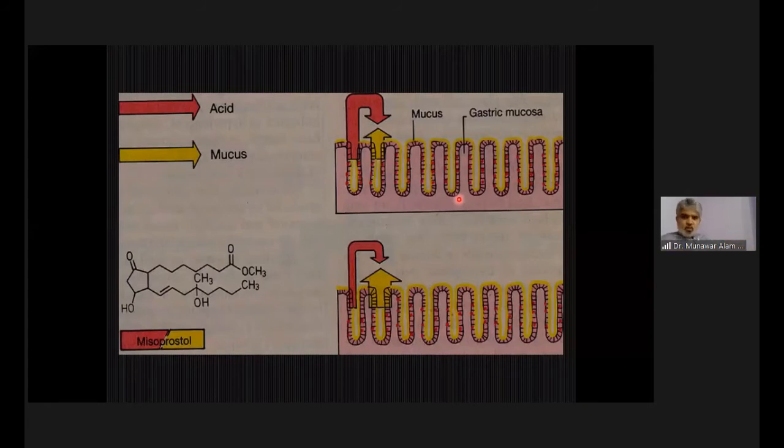What is behind this epithelium? All the nerves and the blood vessels, which supply the tissues, are running beneath this epithelium. When this epithelium is broken down, there will be exposure of the nerves. What is there in the stomach? I think you have studied this in first year biology: hydrochloric acid.